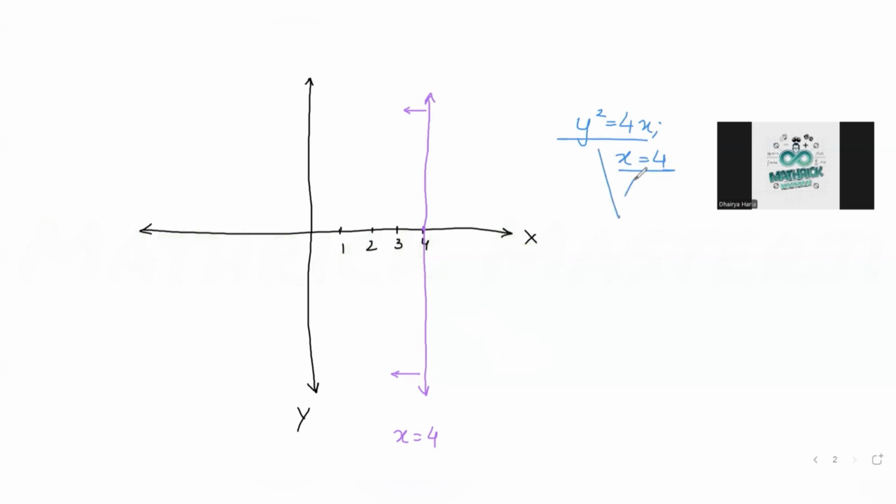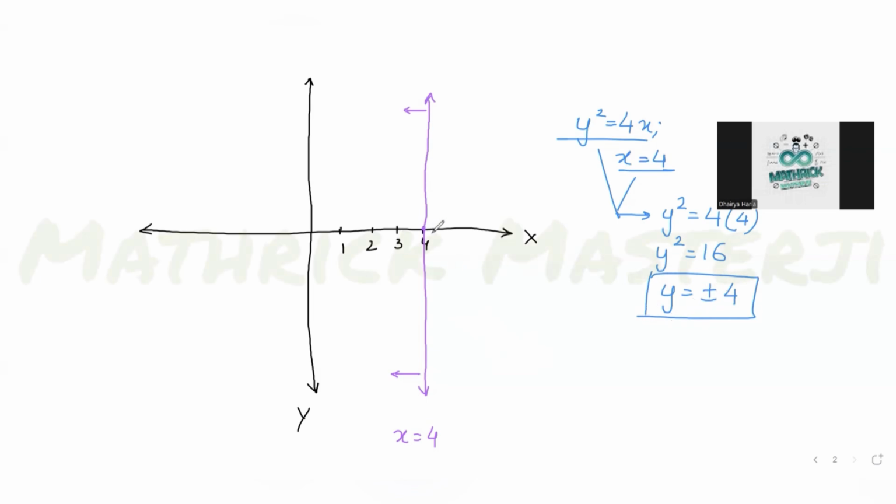If I put x as 4, I get y squared is 4 times 4, which is 16. Taking the square root, y becomes plus or minus 4. So for x equals 4, y is either plus 4 or minus 4.